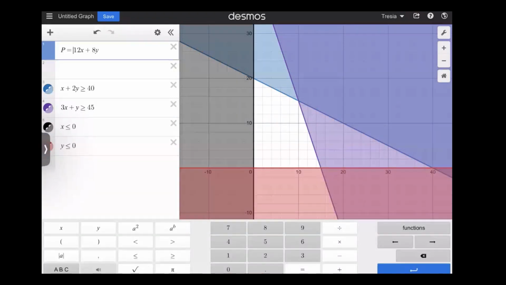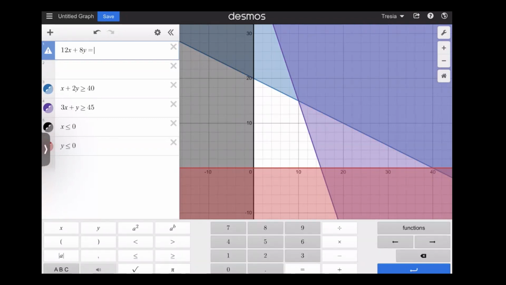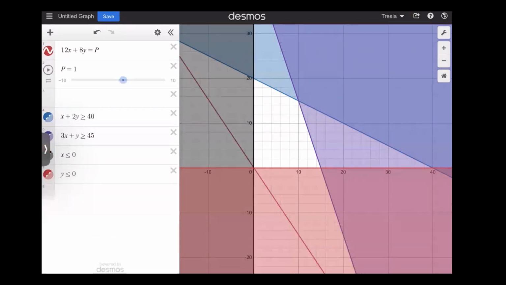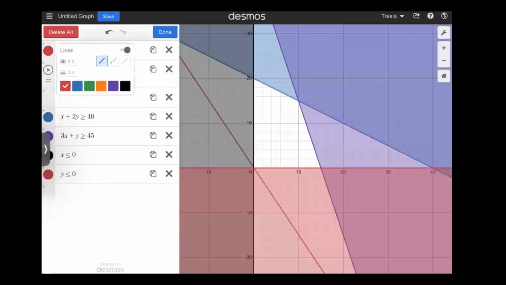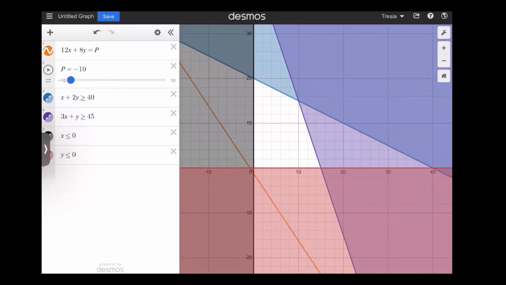Let me fix this quick, because I want the slider to show. There we go. And change the color of that to orange. So now we have technically done drawing our feasible region and seeing what our objective function is.